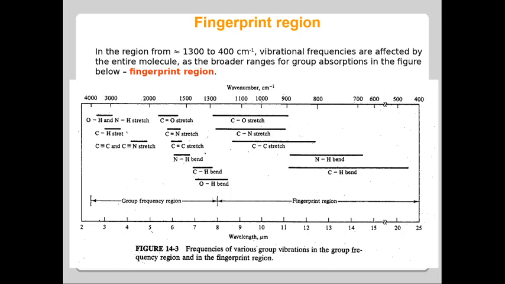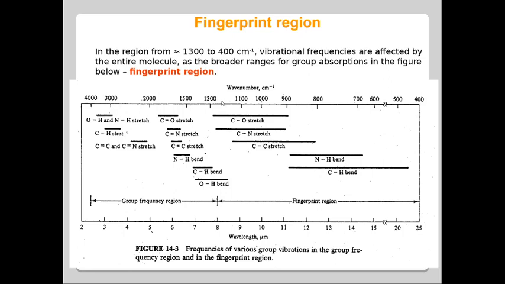Okay, so these bonds represent nearly 80% of the molecular structure, and the vibrations associated with these carbon-carbon bonds as well as carbon-hydrogen bonds mostly fall in a region of 400 to 1300 centimeter inverse.